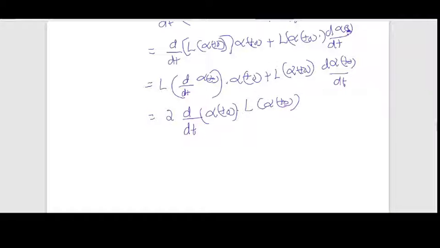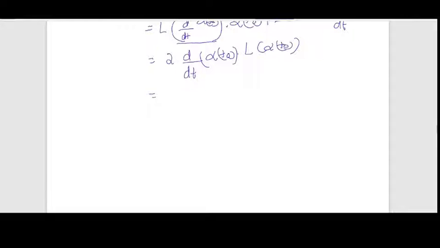Why? Because this L is self-adjoint. So L of this dot alpha of t naught plus L of alpha of t naught dot this, we can write in one form, that is 2 times L of alpha of t naught dot d alpha of t naught by dt.